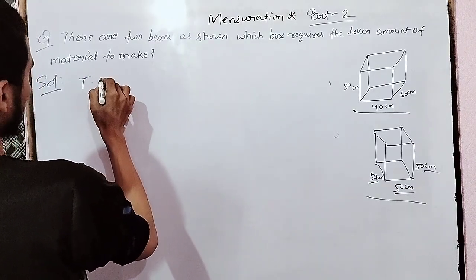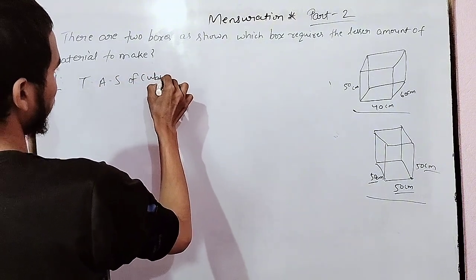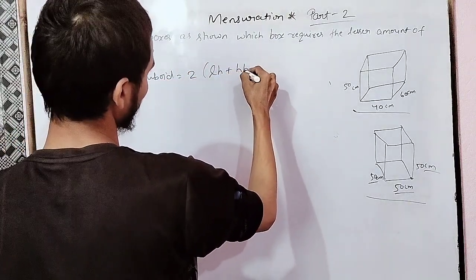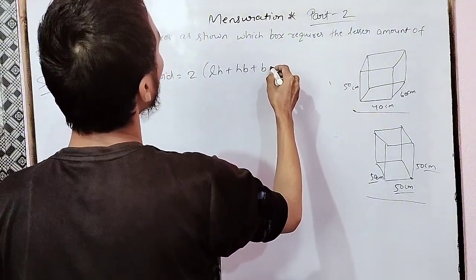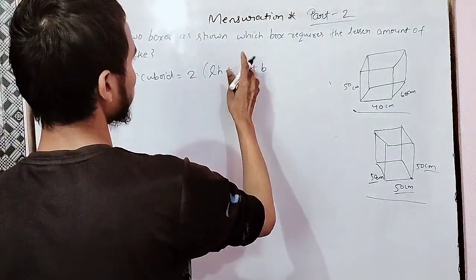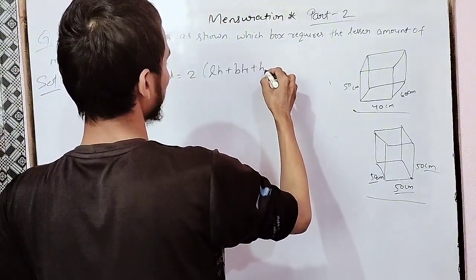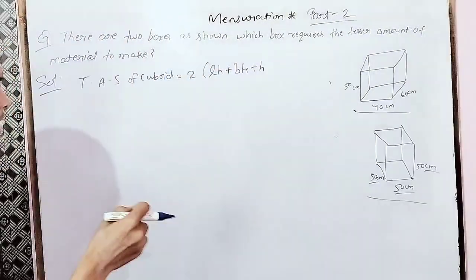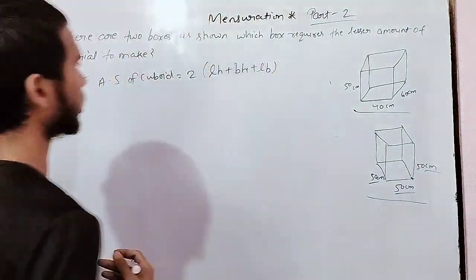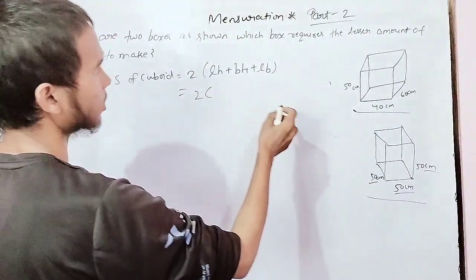Total surface area of a cuboid is what? 2 (LH + BH + LB).